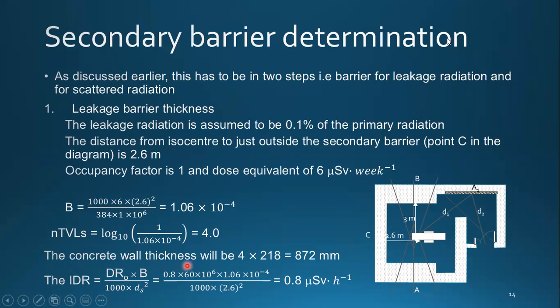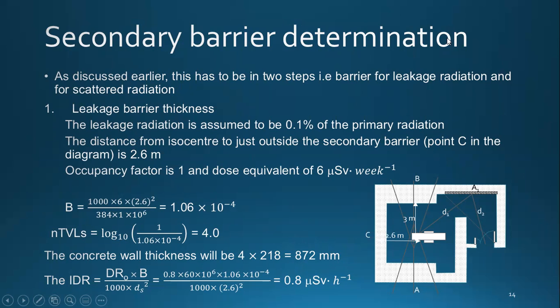The concrete wall thickness you can calculate from this will be 4 into 218. 218 is the tenth value layer for cobalt energy.